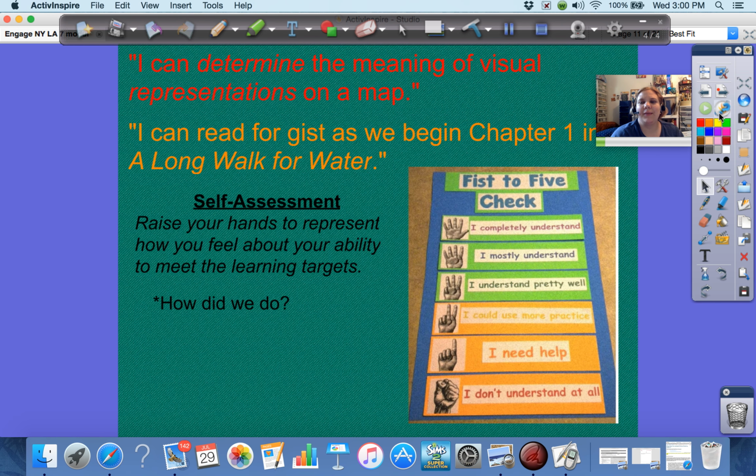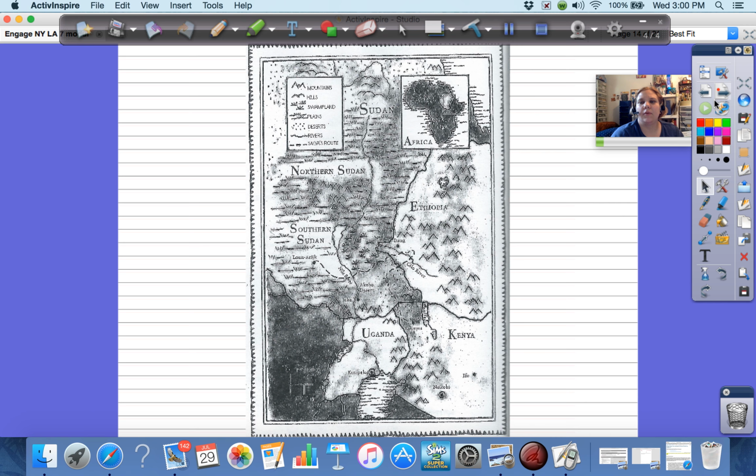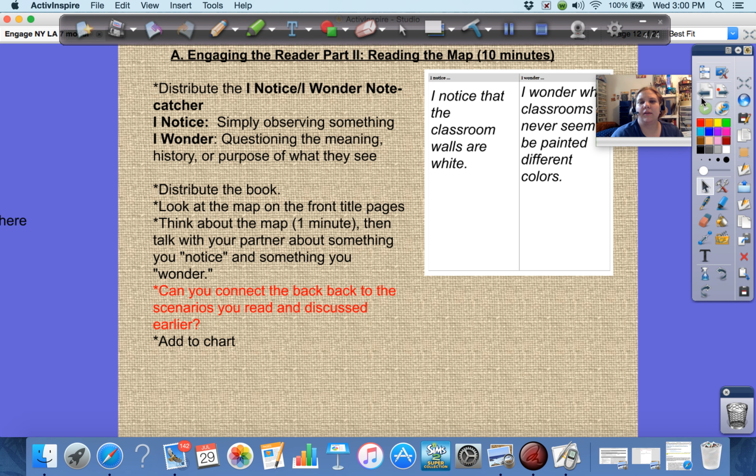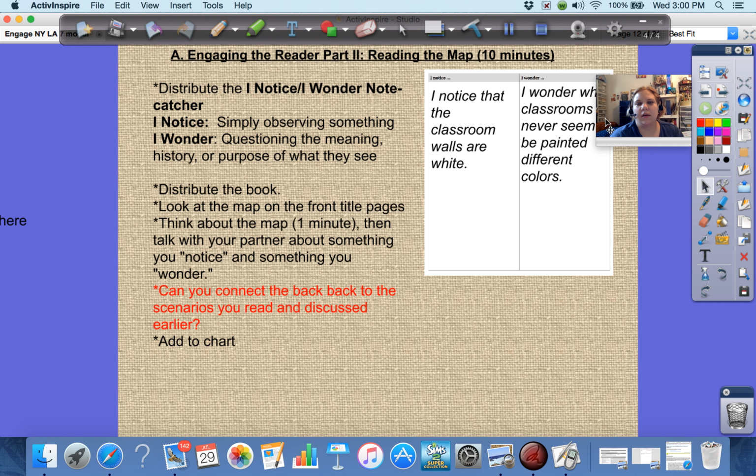So what do we mean by gist? Okay. What does that really mean? It's not the main idea, but it's like, just what's it all about? What's the story about? Okay, and then they're giving you here a little more detail of what you could put on the chart. So you're getting this other chart.